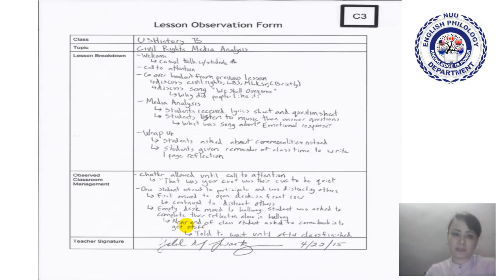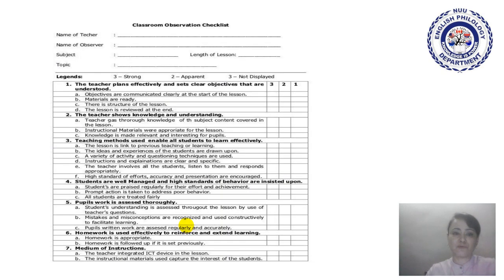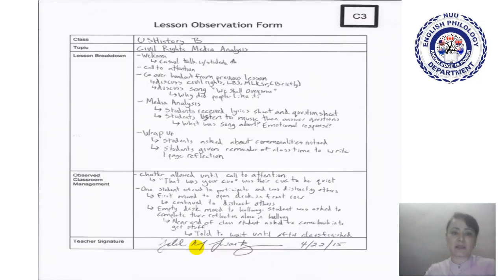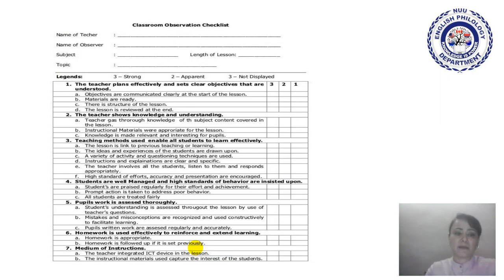Another form, it's also a lesson observation form. This is the next observation form. It's handwritten, and you may show it also: lesson breakdown, classroom management. There is also whether the teacher plans effectively. Is the teacher's aim achieved or not? Do the students understand the teacher's language or not?